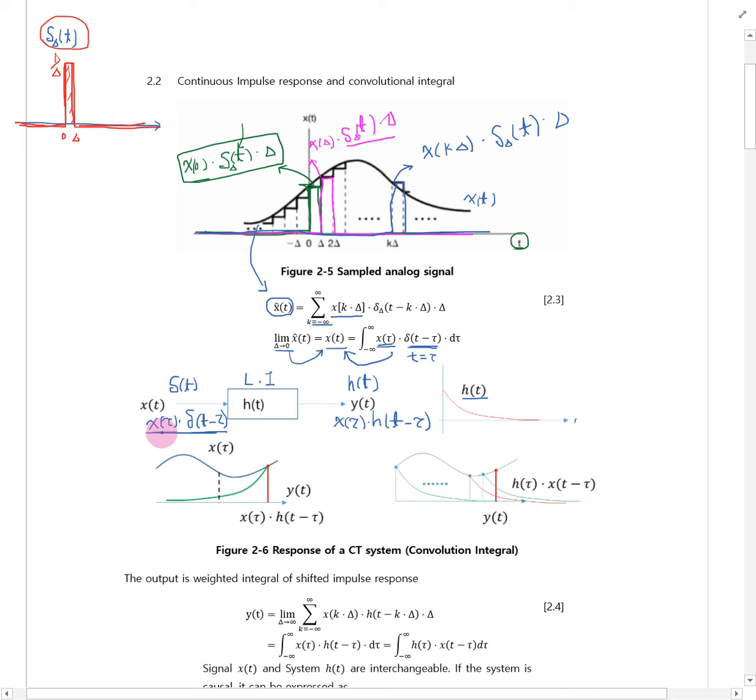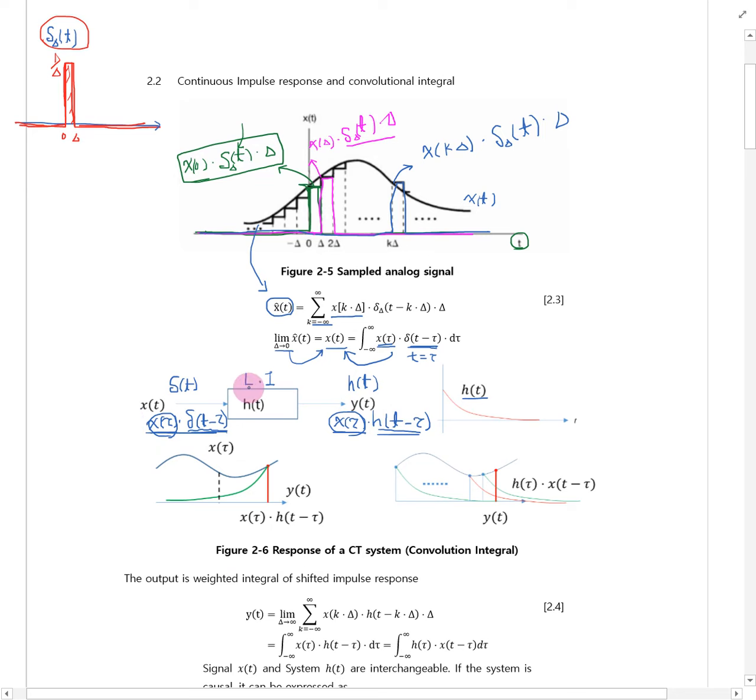If we apply x(tau) scaled and the delta function shifted by tau, then the output will be scaled and shifted. It's obvious. Because of homogeneity, the multiplication is conserved, so the scaling factor is just the product. But the shifted one, because of time invariance, just shifts the output response.